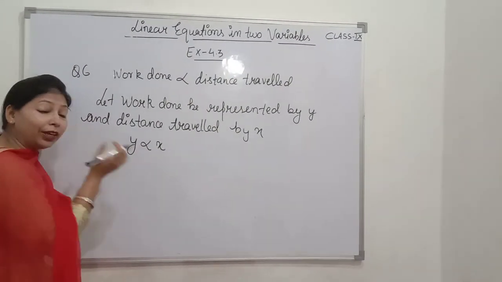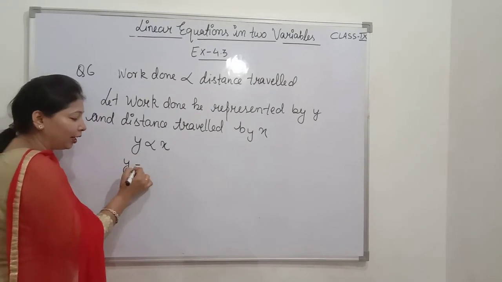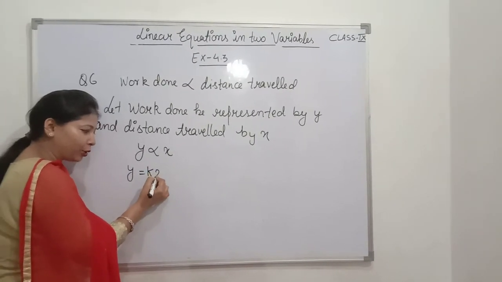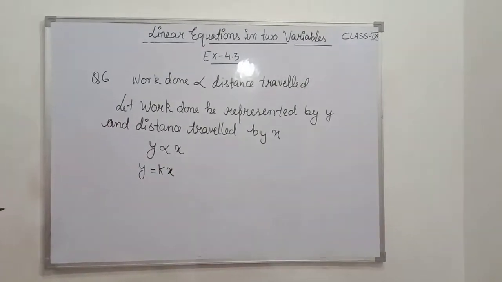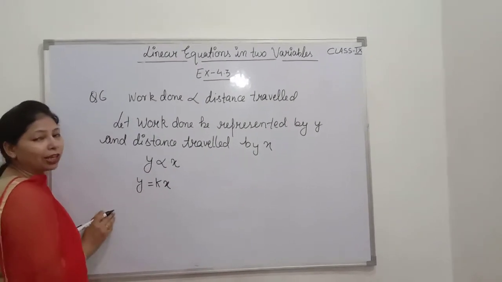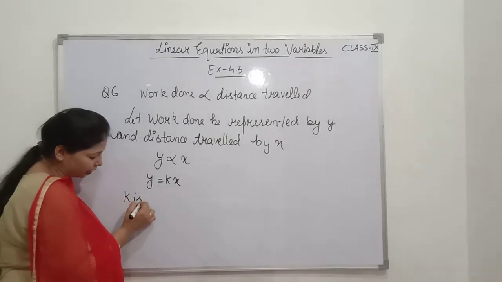Now you know that whenever the proportionality sign changes into equality, it becomes y = kx. You must have studied this in physics: whenever the proportionality sign changes, it becomes equal to kx. Here the constant k is what? k is a constant.